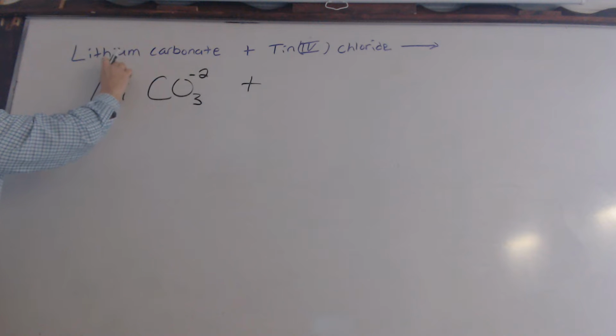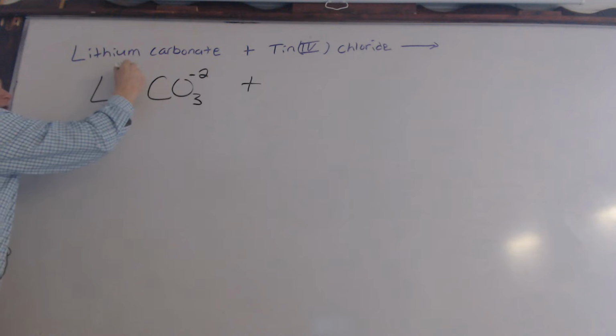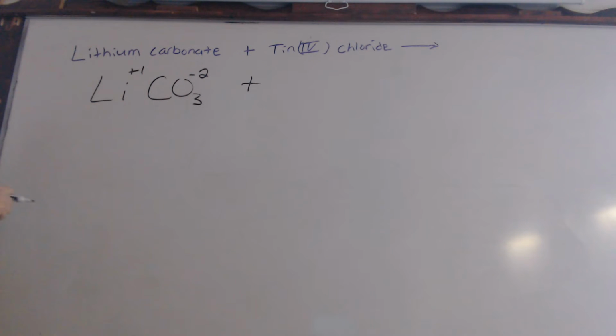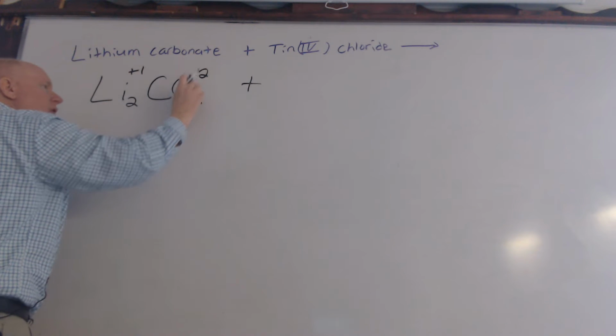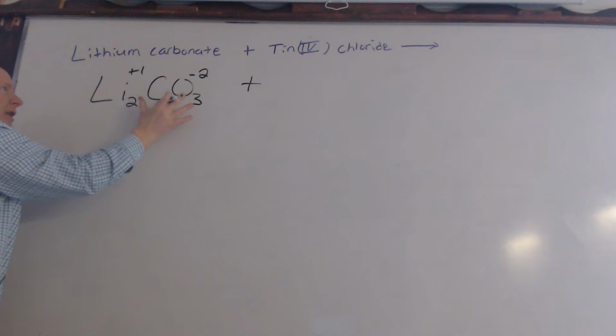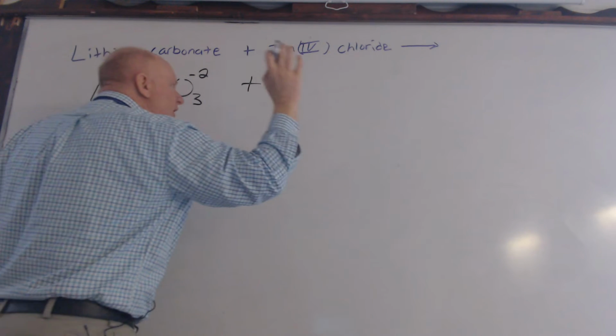This is an alkaline earth metal, or excuse me, alkali metal. So it's in column 1, so it's got a charge of +1. Those charges do not add up to 0, so what do you need to do? 2 lithiums. Okay, so 2 divided by 1 gives you 2, least common multiple. 2 divided by 2 gives you 1. We've got 1 carbonate ion. Okay, we can proceed to this.